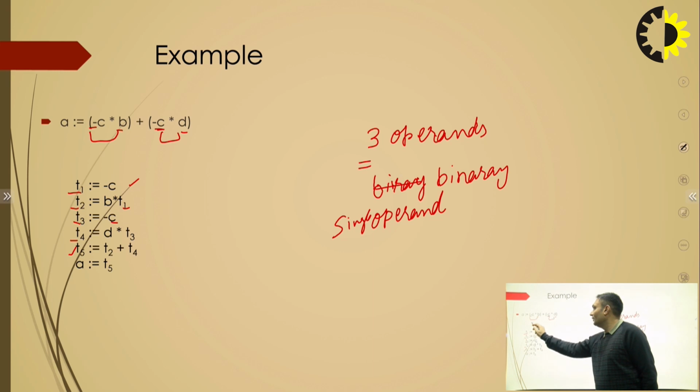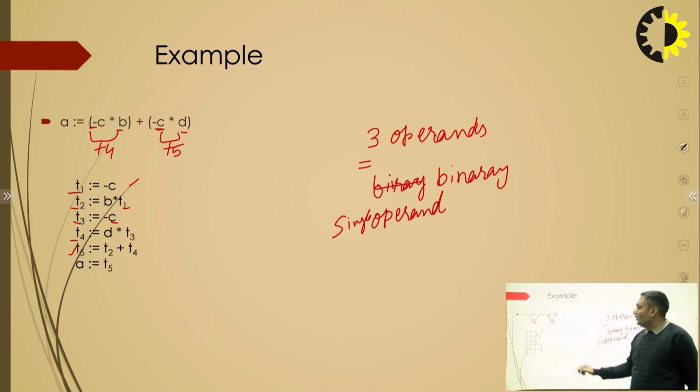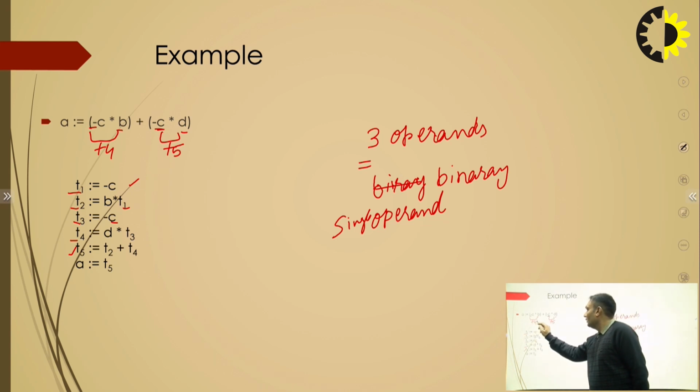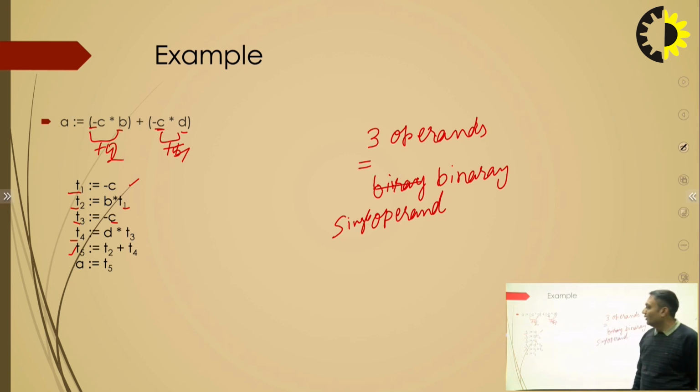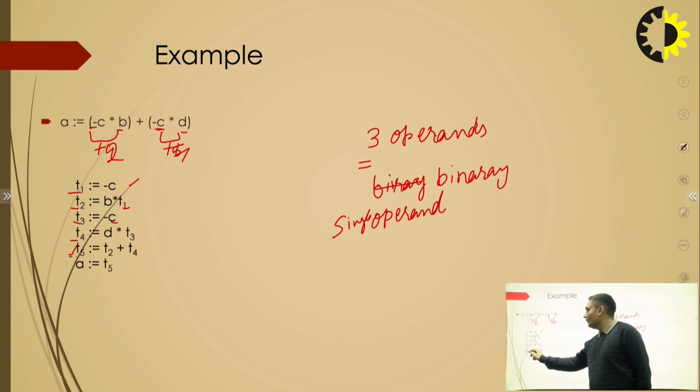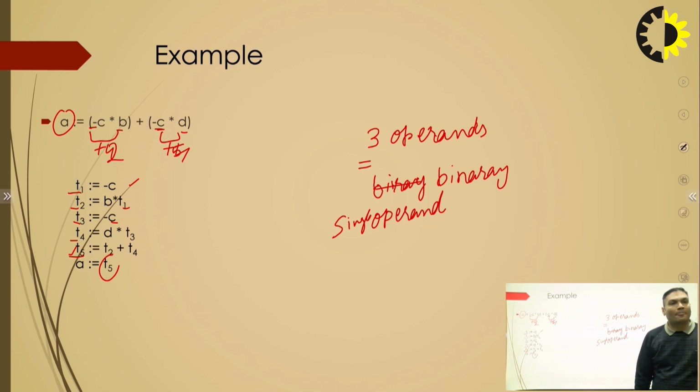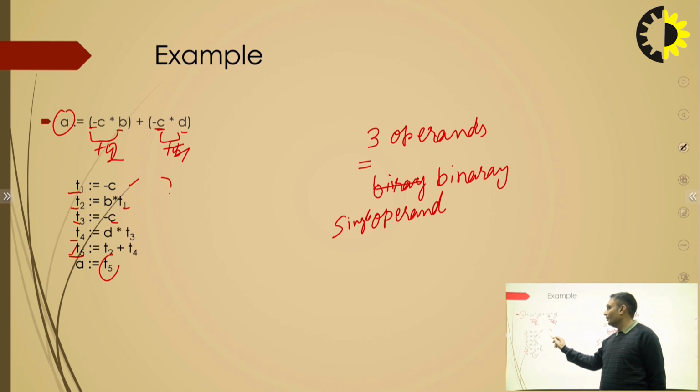So this is t4 and this one is t5. Sorry, this one is t2 and this one is t4. And then I combine t5 equals t2 plus t4 and then assign this t5 value to a on the left hand side. So these are the corresponding 3 address codes for the given instruction.